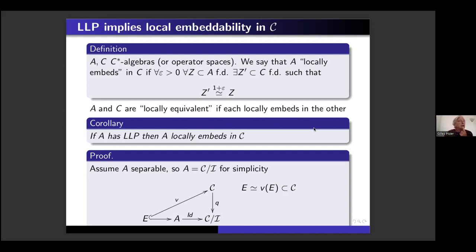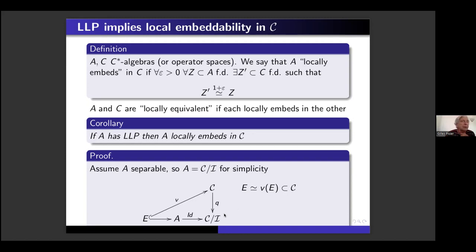Let me show you something which is quite important. If A has the local lifting property, that's a corollary of the characterization of the local lifting property, then A locally embeds in script C. This is simply a consequence of the universality of C. We can take A separable for simplicity.